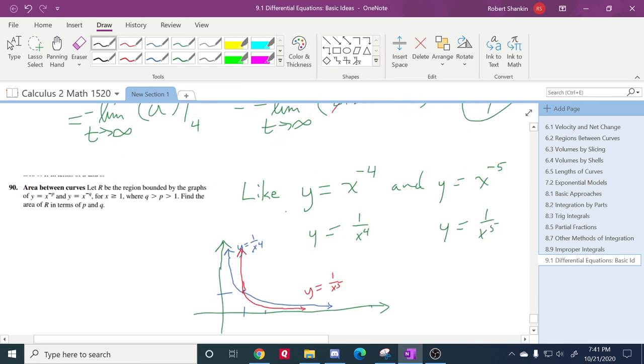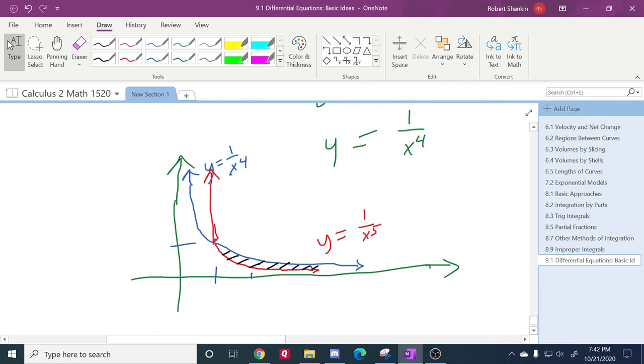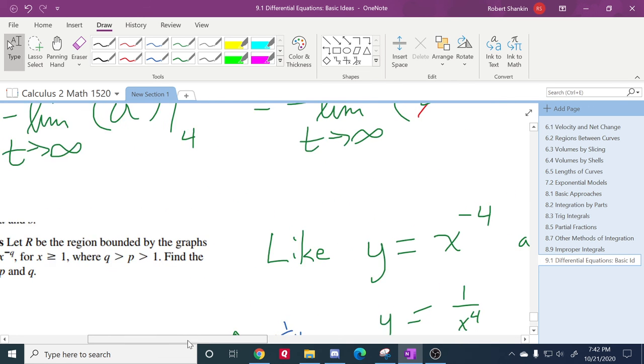Let me blow this up. If I make my marks too small, it interprets them too differently. We're trying to find this area between these curves, and it goes out infinitely far, but it may not be an infinite amount of area.